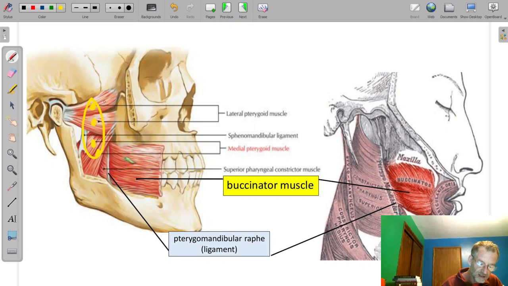So all of these are muscles of mastication, which we're not talking about now, but they're sort of shown in context. The Buccinator muscle is this one, and it's deep.